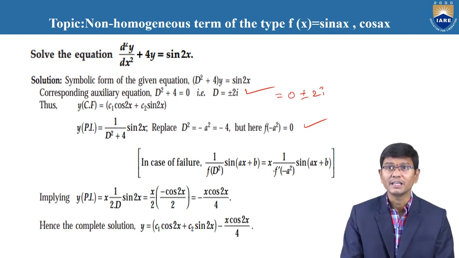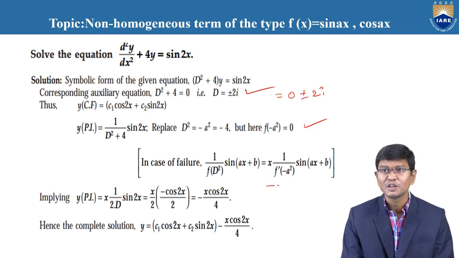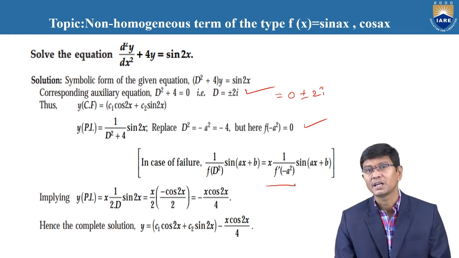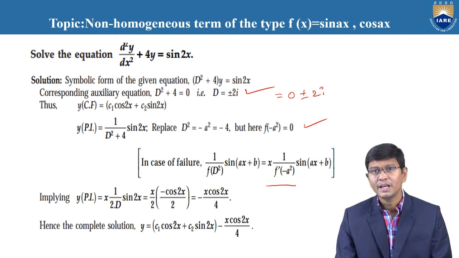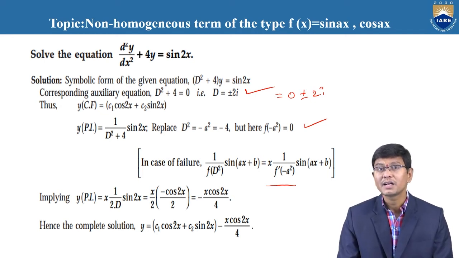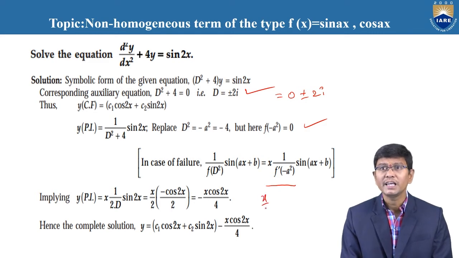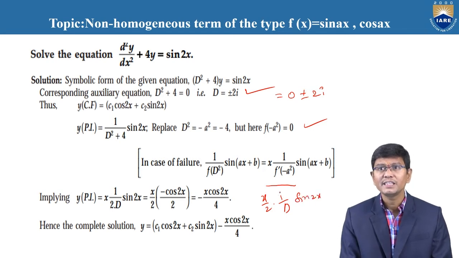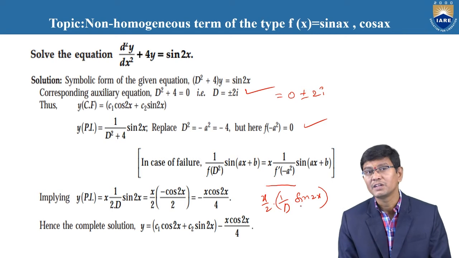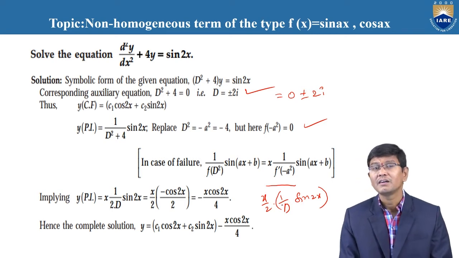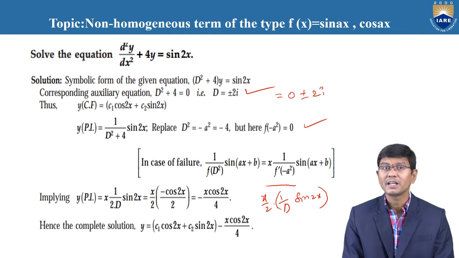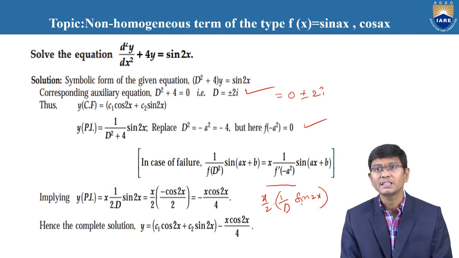In case of failure, we need to multiply by x into 1 by f dash of minus a square into sine. By applying the multiplication with x and differentiating the denominator, it is x into 1 by 2D into sin 2x. Again, x by 2 into 1 by D of sin 2x. Here D is the derivative, and 1 by D is the inverse of the derivative, which is nothing but integration. Therefore, the integration of sin 2x is minus cos 2x by 2.